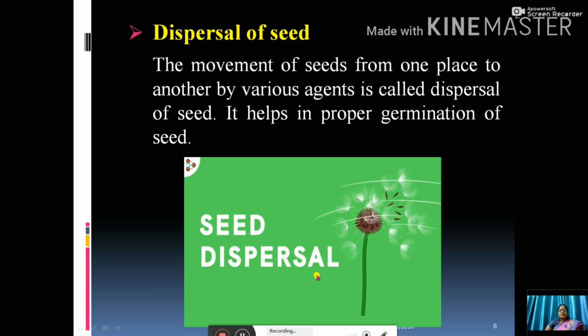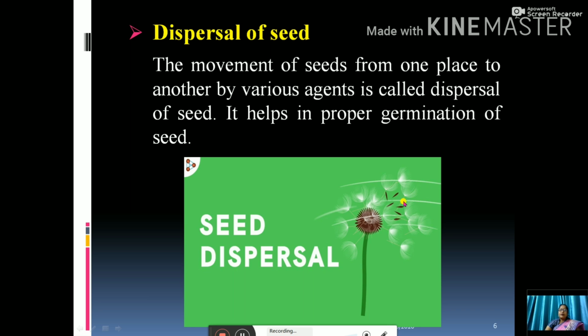Here I have given a picture in front of you, that is seed dispersal by air. Some seeds are dispersed in air, air is the agent, and they can shift from one place to another place.